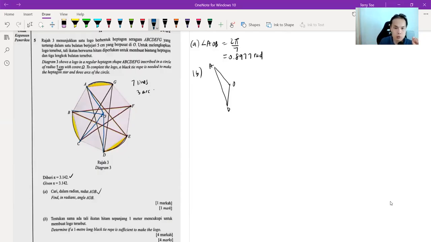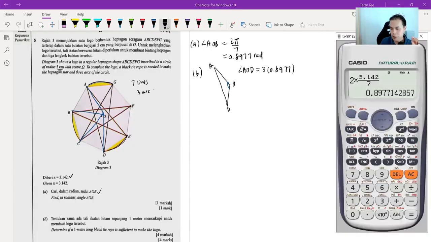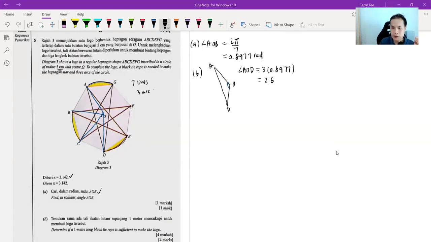So angle AOD is 3 times 0.8977. I times 3, I got 2.6931 radian. Actually, these two are equal length.